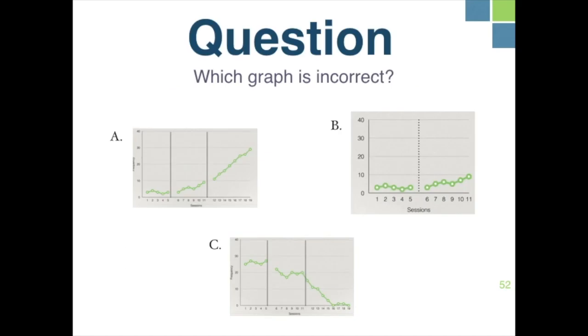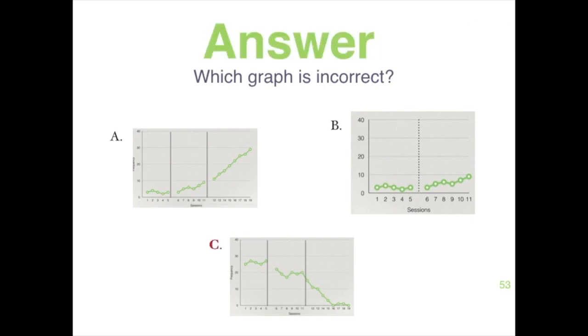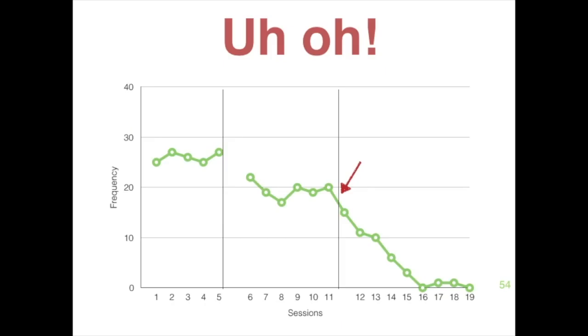Which graph is incorrect? A, B, or C? And the correct response is C. Data points should never cross over a condition line.